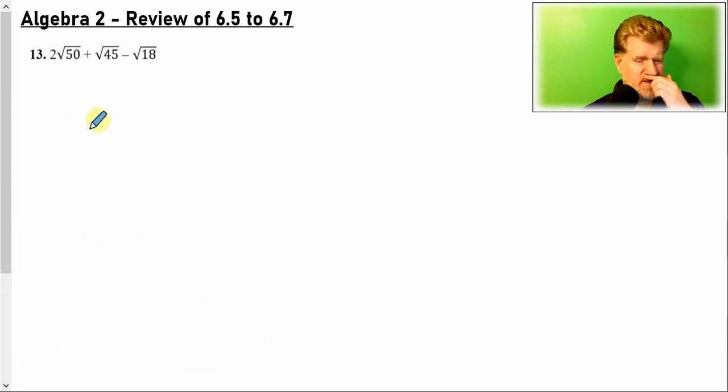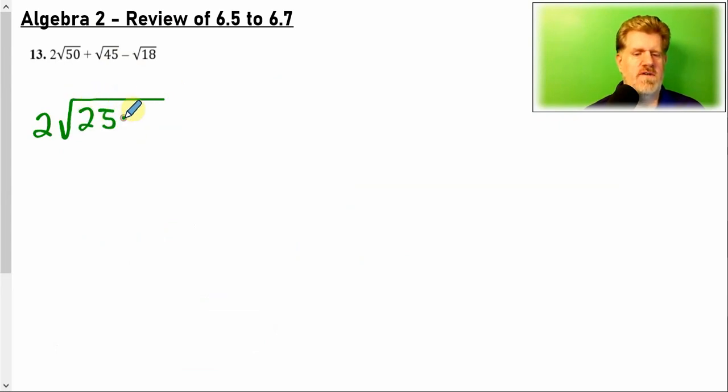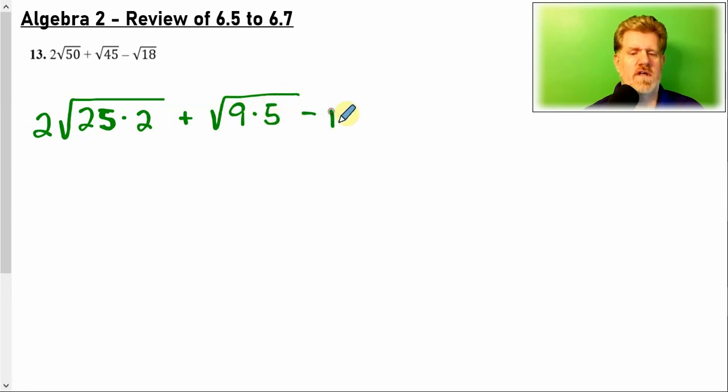Oh, another one we have to simplify, so we got to put these together. So 50 is 25 times 2. Or I like 25 because I can find the square root of 25. 45, 9 times 5, 18, 9 times 2.